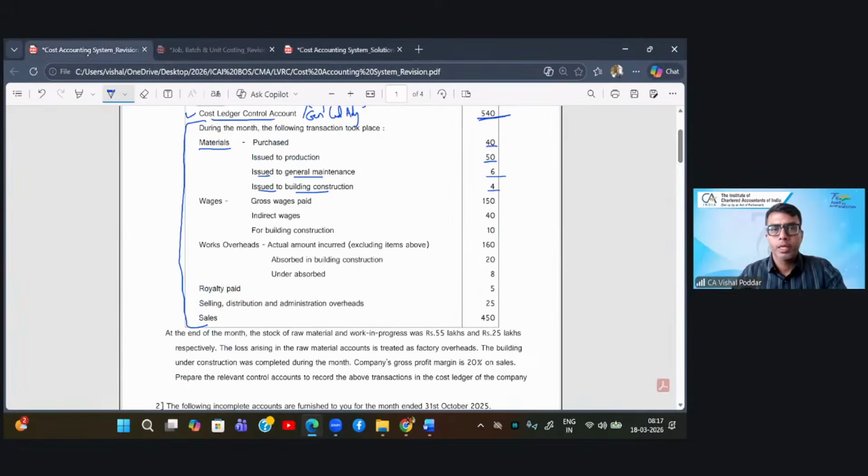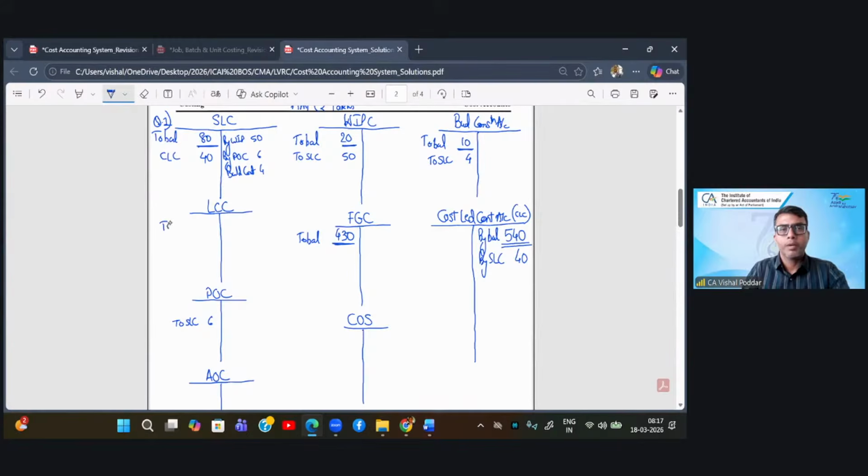Now, when it comes to wages, what they have given is gross wages. Now see, gross means what? Direct plus indirect. First thing is, whenever wages are paid, whether direct or indirect, you have to always debit the gross amount to the labor account. So here I'll debit 150.